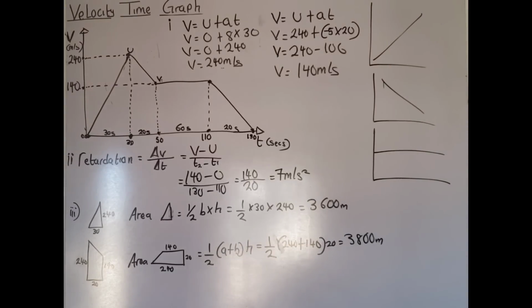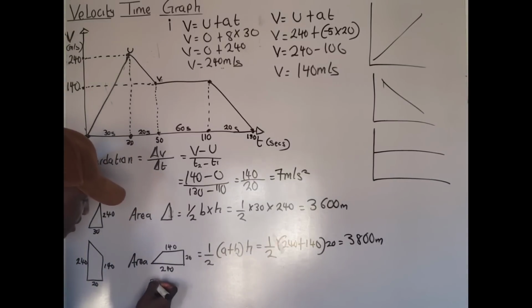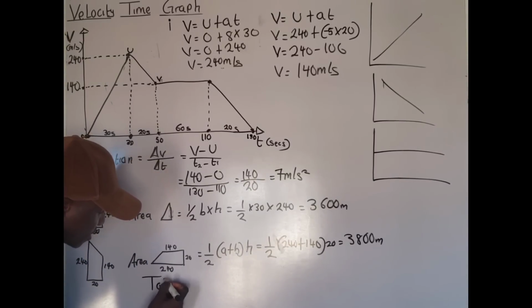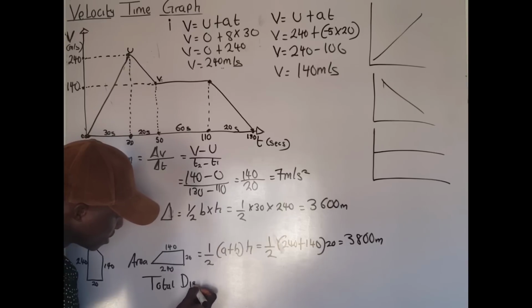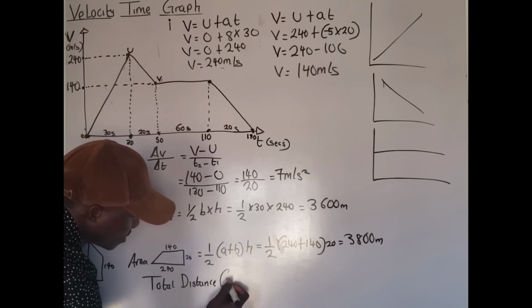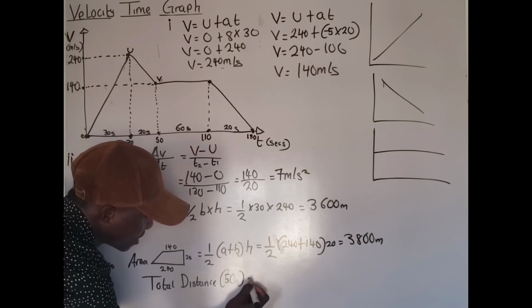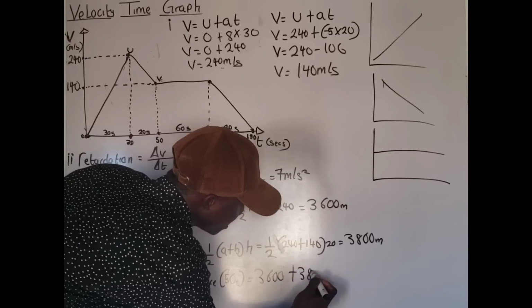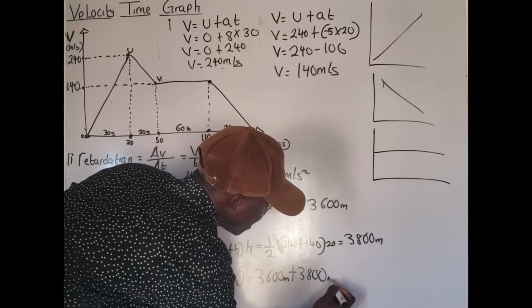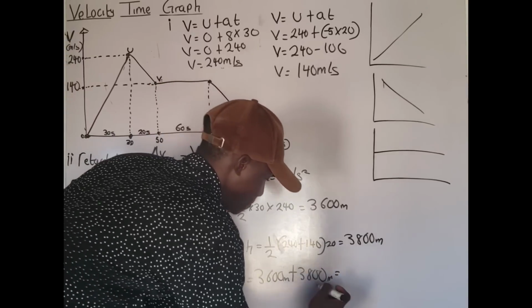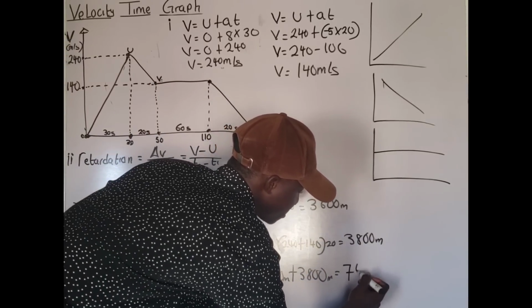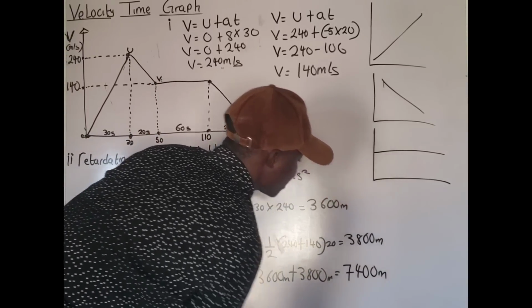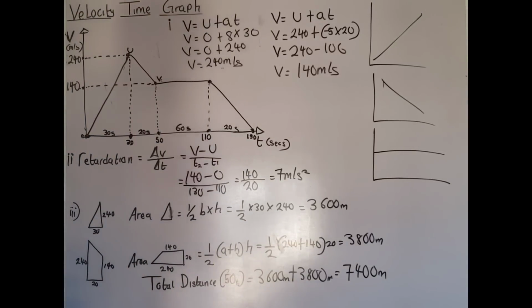So the total distance traveled in the first 50 seconds equals 3,600 plus 3,800 meters, which will be 7,400 meters. That is the distance traveled in 50 seconds by the object.